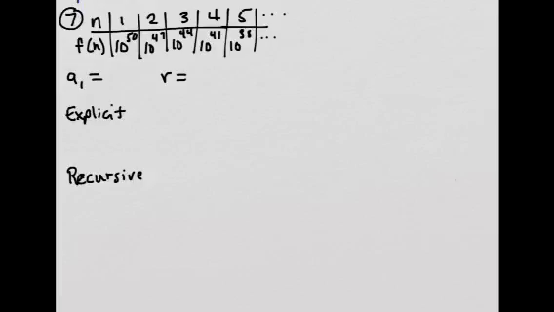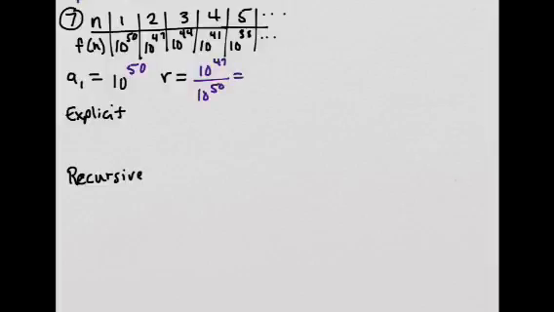Okay, so number 7 starts with 1, n equals 1. The first number, a sub 1, is 10 to the 50th power. For the common ratio, I'm going to take the second number over the first number.